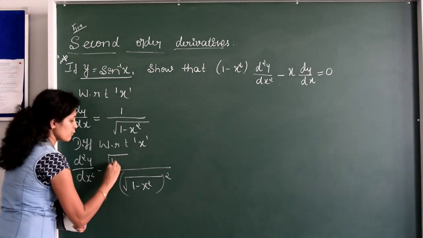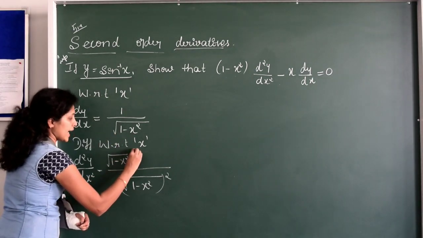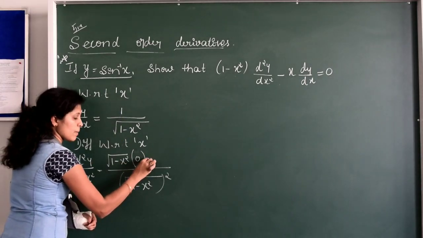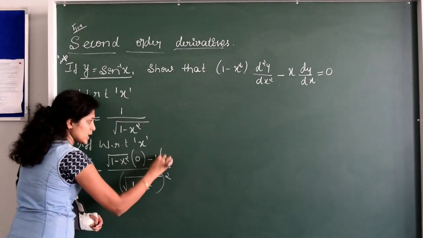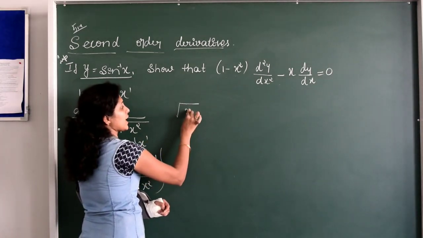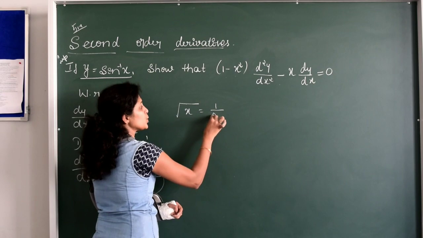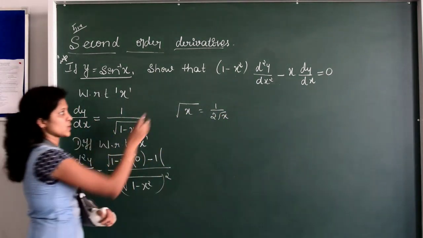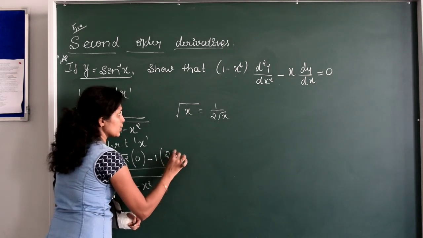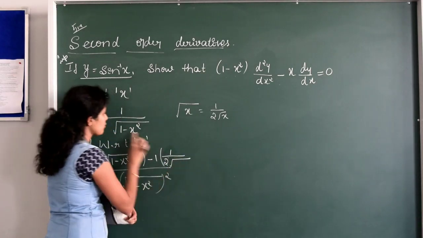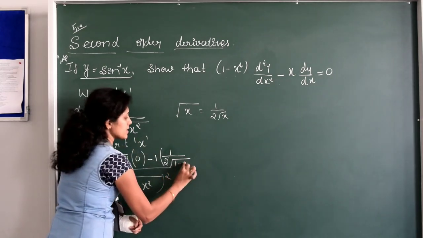It is root of 1 minus x square into derivative of 1 with respect to x, which will be 0, minus 1 as it is into derivative of the denominator. What is the derivative of the denominator? Derivative of root x is 1 by 2 root x. But in the place of x, here we have 1 minus x square. So we will substitute that: 1 divided by 2 into root of x, x is now 1 minus x square, right?